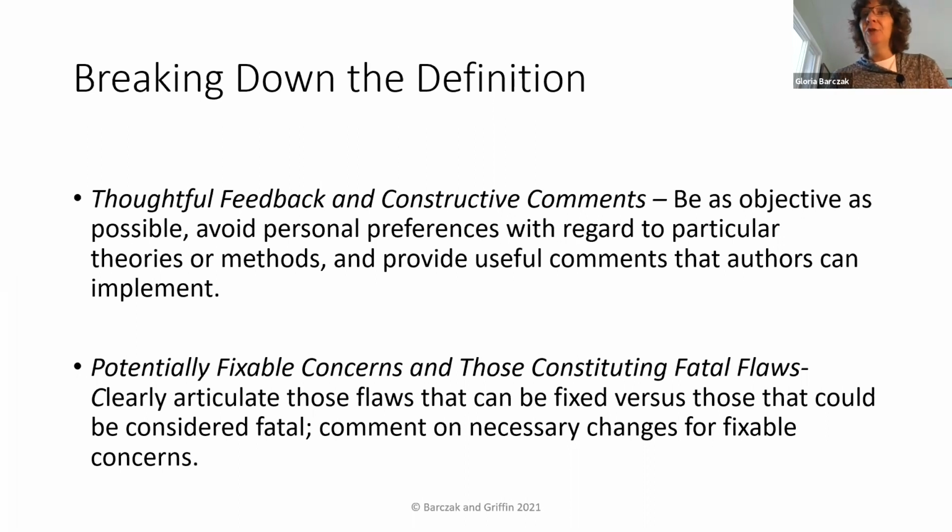For example, you shouldn't be asking authors to cite your research unless it's relevant to that particular study. And you certainly don't need to give them all of your articles that they should cite, because that's all about you. Reviewing is all about the authors. It's not about you. And so you need to put your ego aside and your personal preferences and really try to be as objective as possible.